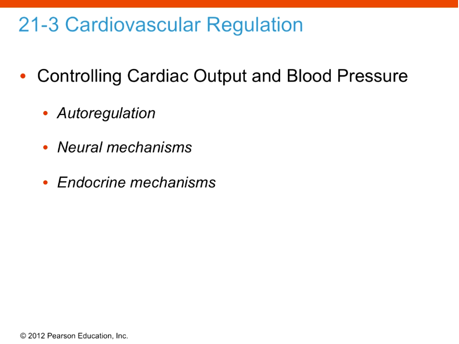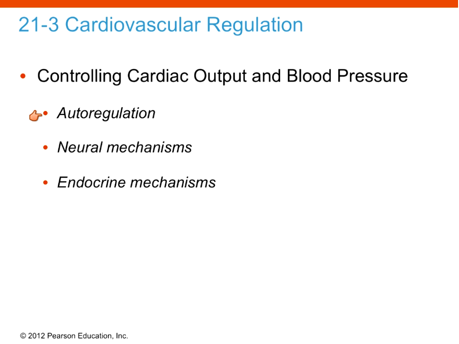Since we're talking blood vessels, we definitely have to go back to the heart. We have to talk about cardiac output again. Remember, cardiac output is calculated as heart rate times stroke volume. Some of the same things that control the cardiodynamics are also going to have some control over cardiovascular regulation.